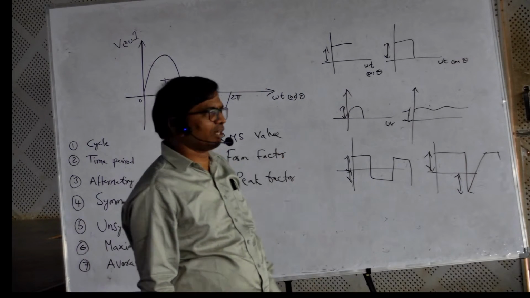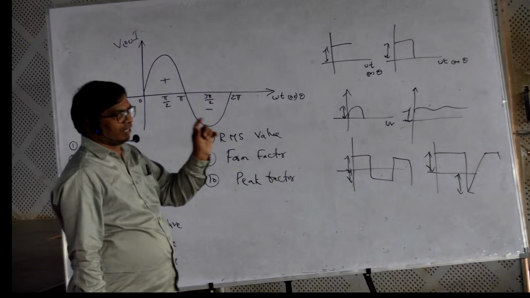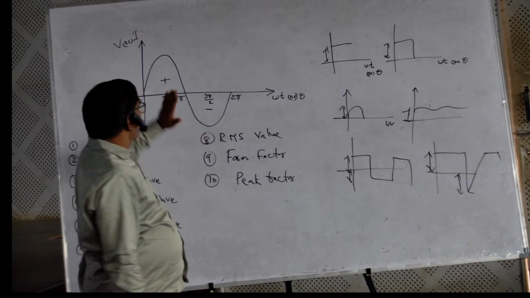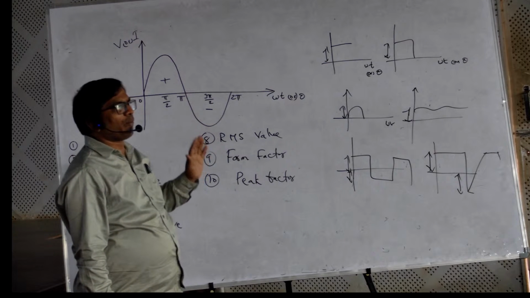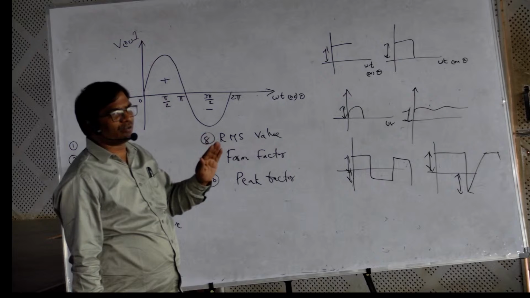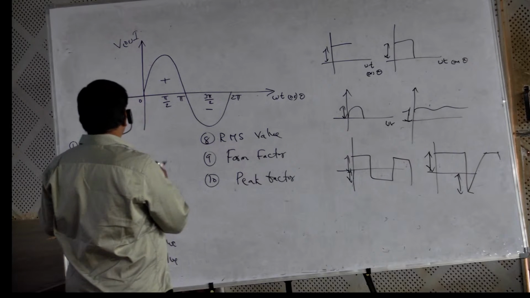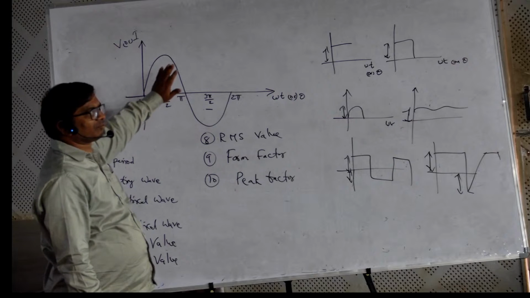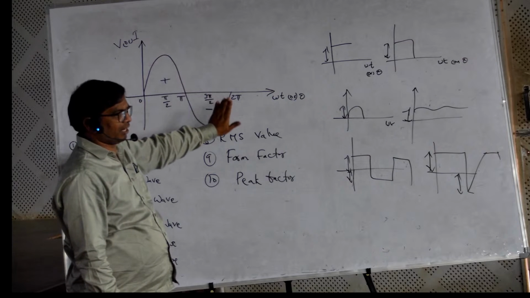Cycle means one set of positive values and negative values. The definition of cycle is one positive and one negative set.